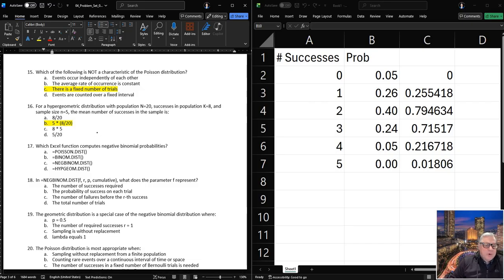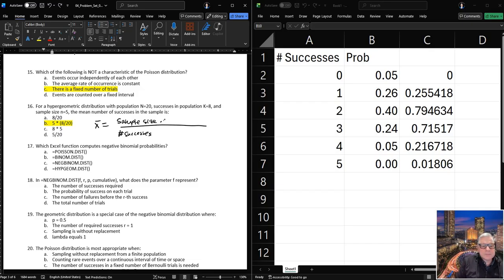And it looks like that the formula is something like the sample size over the number of successes in the bowl, actually I have to, the number of successes still goes in the numerator.